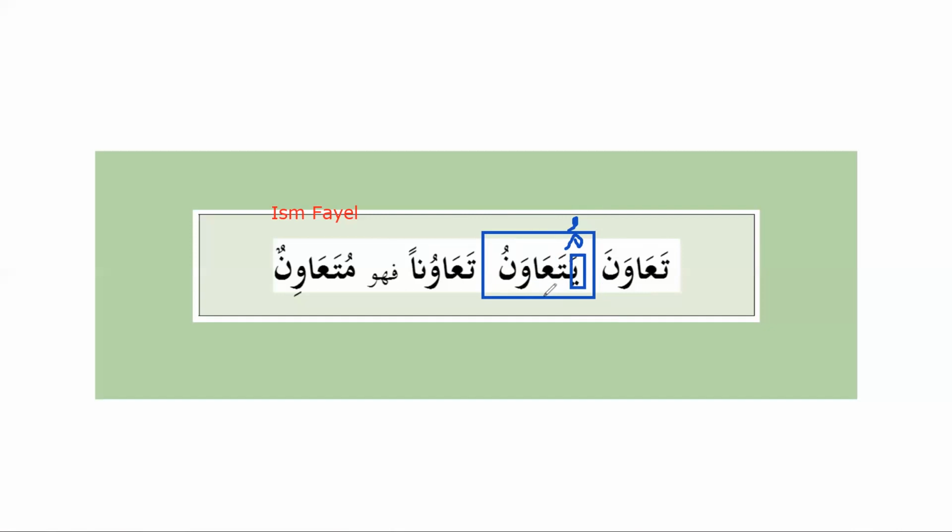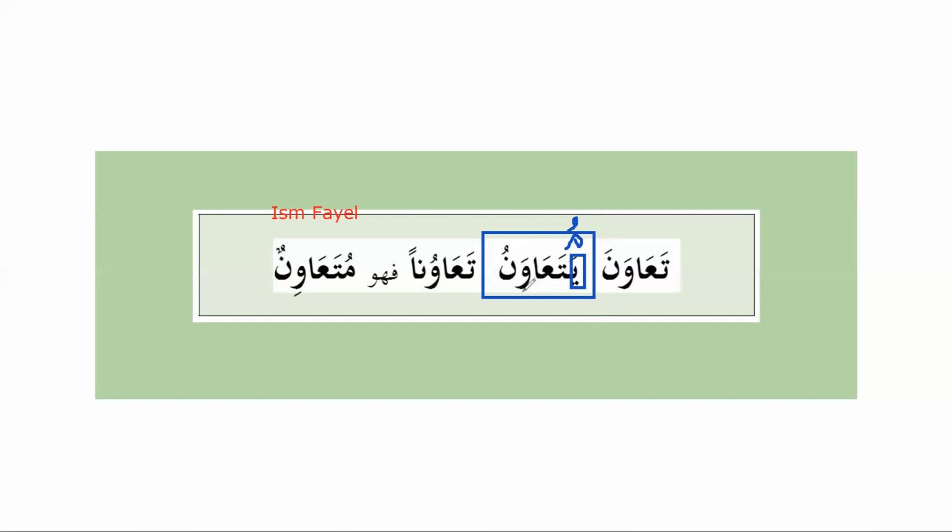But here one thing: this family is fatha. Usually we just add mu, like jahada yujahidu jihadan fahuwa mujahidun. So mujahidun, because in present tense we have kasra at the ain letter.